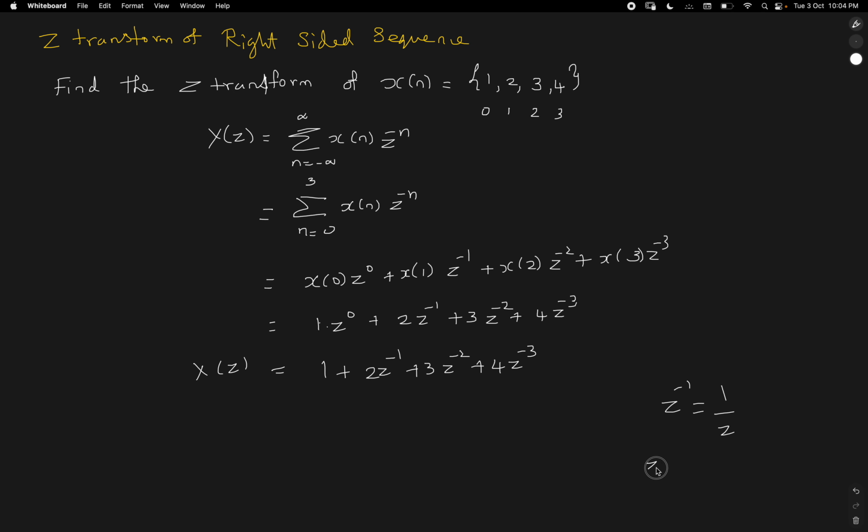z is equal to 0, then the value of z inverse will be infinity.